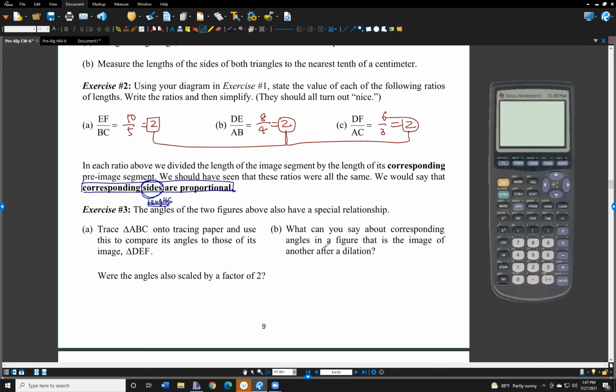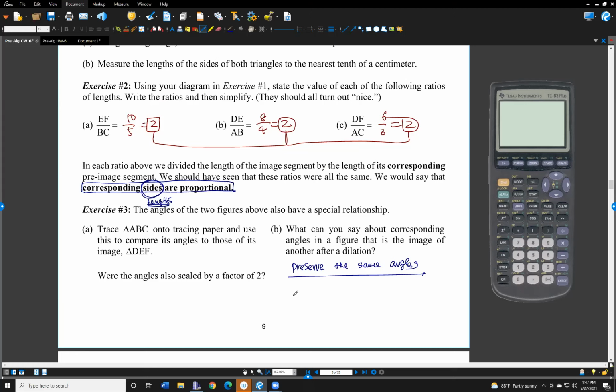Angles are equal. Angles are preserved. So were the angles scaled by a factor of 2?